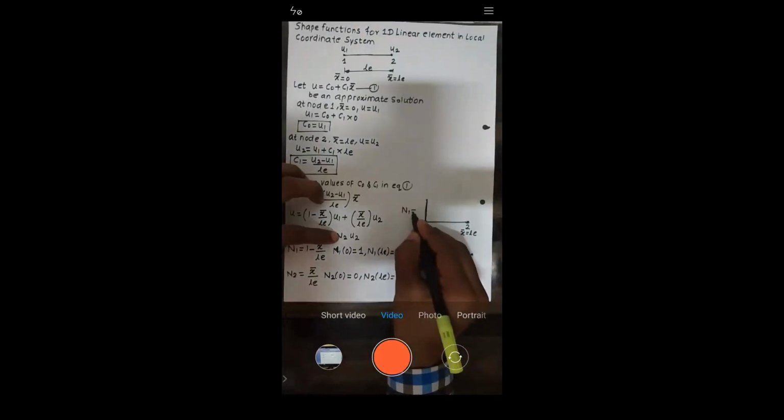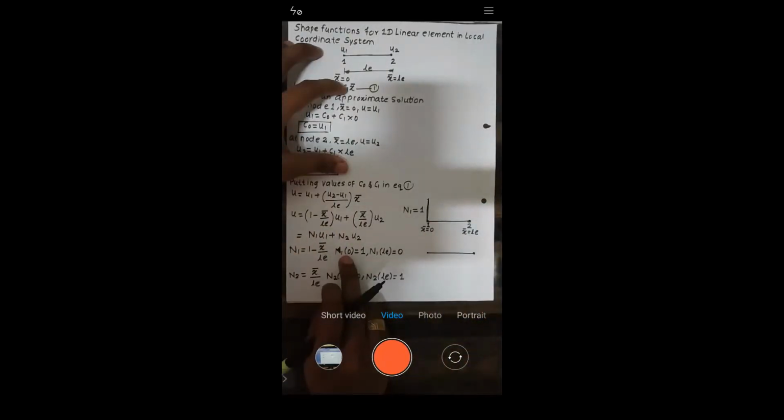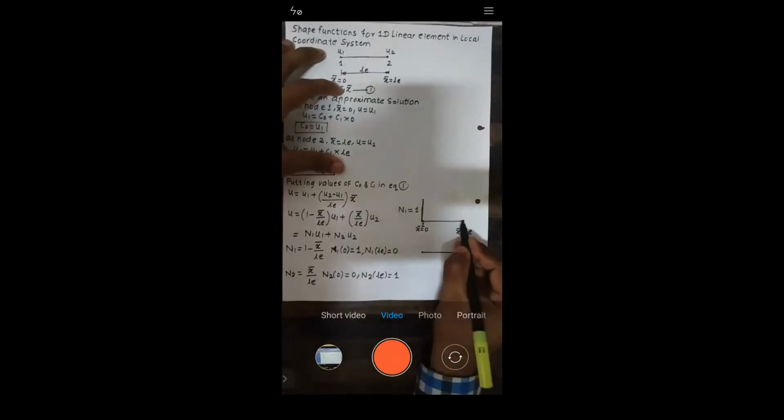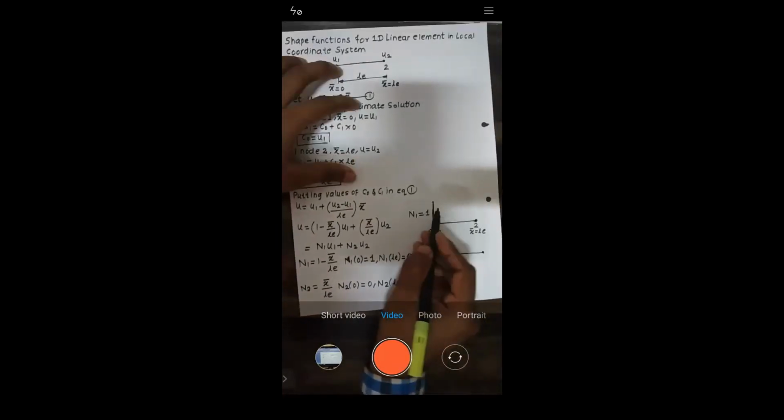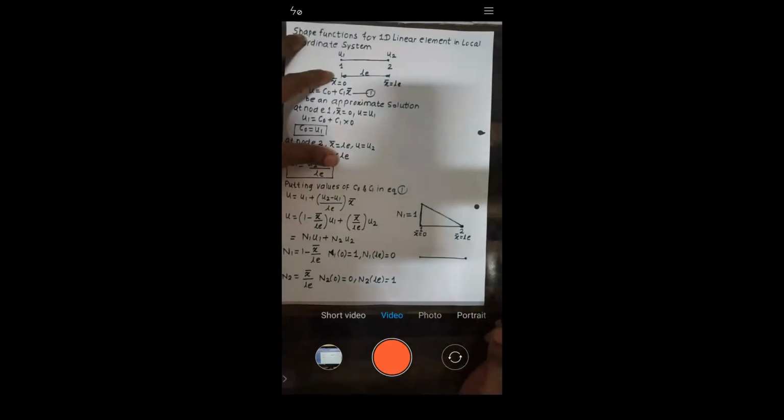Now, when x bar is equal to LE, what is the value of N1? 0. So this is the 0 point, right? So you can have a direct connection like this. Is it okay? Let me know.